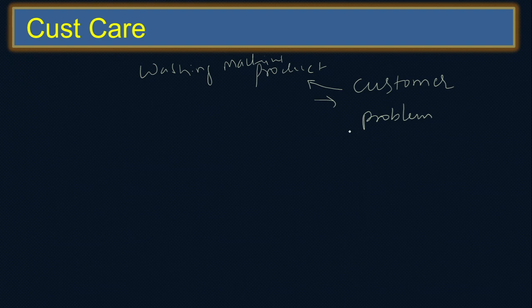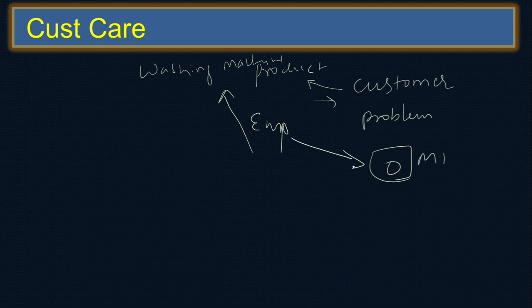Now when there is a problem with the washing machine, naturally we need to send people over there. So if this is a customer and they purchased a particular model M1 and now they have a problem, what happens? We have employees in our company and we'll send an employee to this particular location and ask them to rate the issues.